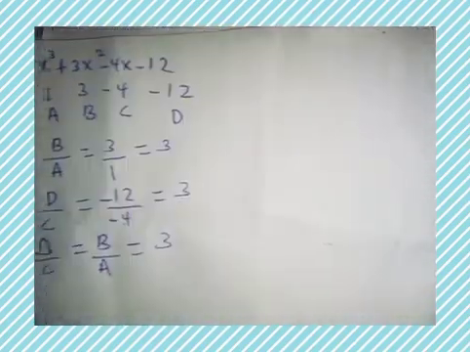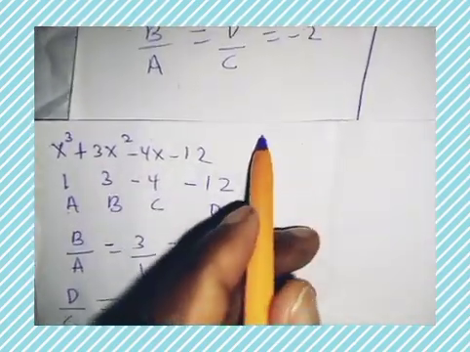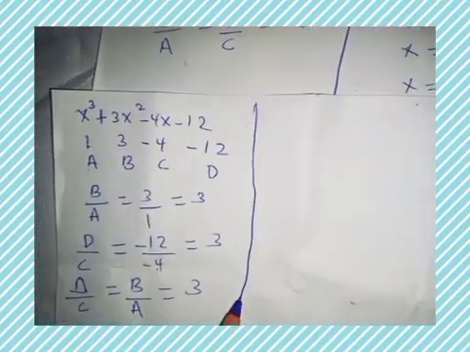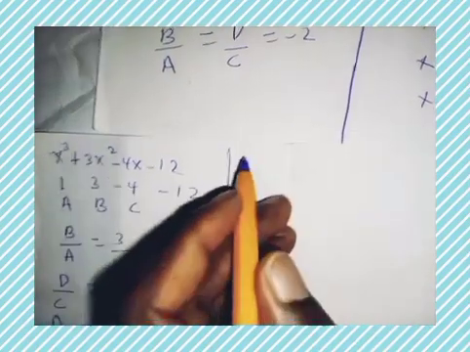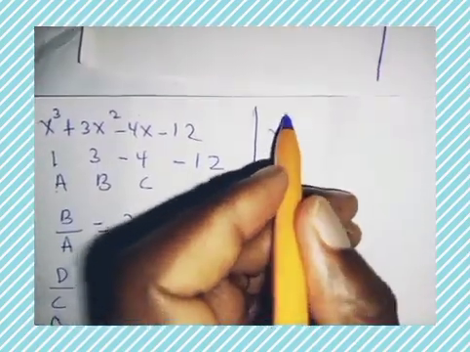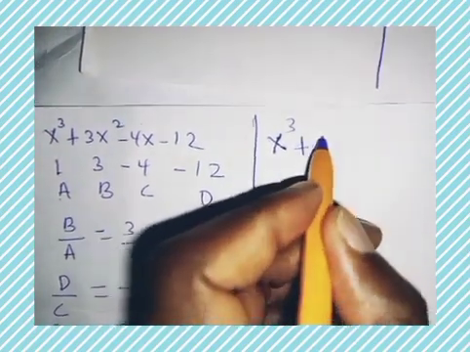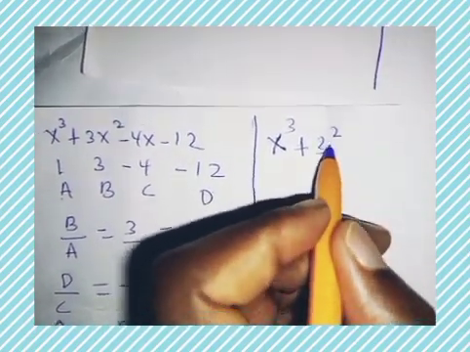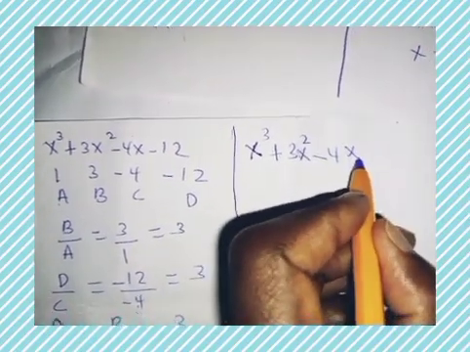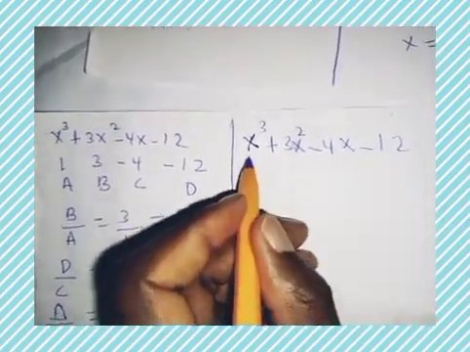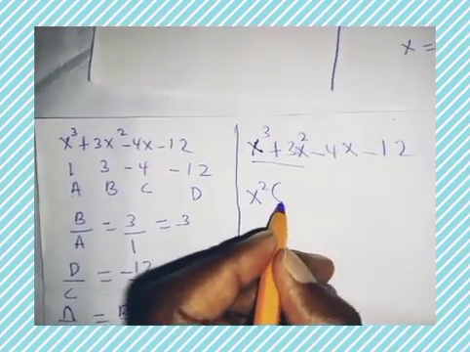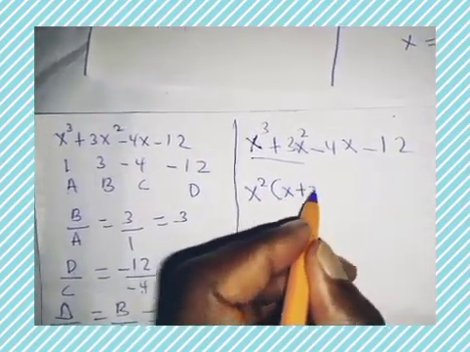Since that is the case, it means that we can employ now the method of pairing, whereby you have x cubic plus 3x squared minus 4x minus 12. So you pair the first two, and there x squared is common to get x plus 3.